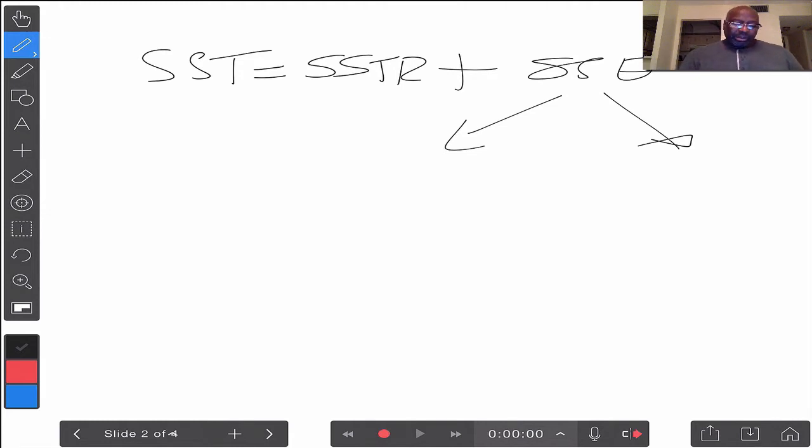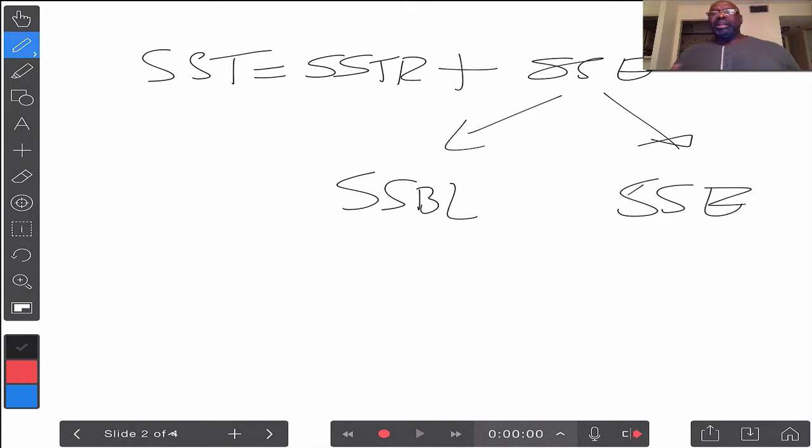So the part that was the error term, we could further refine and take out variation due to the cars. In this case, the cars are the blocks. So we separate that into SSBL, sum of squares due to the blocks, and what's left, we still refer to as SSE, the error, what is unexplained. We may as well call it the unexplained variation.